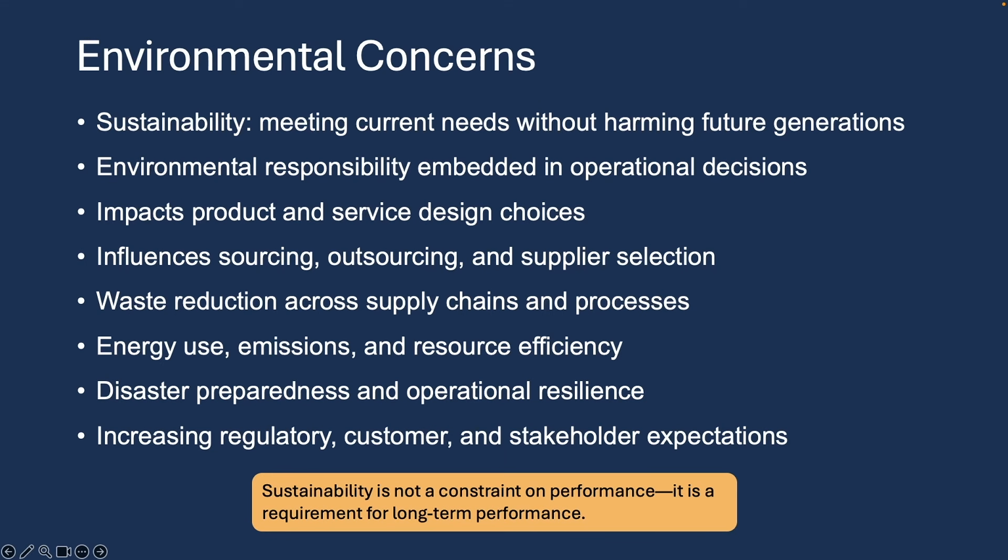For operations managers, this responsibility shows up in everyday decisions about product design, sourcing, energy use, and waste management. These choices extend across the supply chain, influencing outsourcing decisions, supplier relationships, and transportation methods.